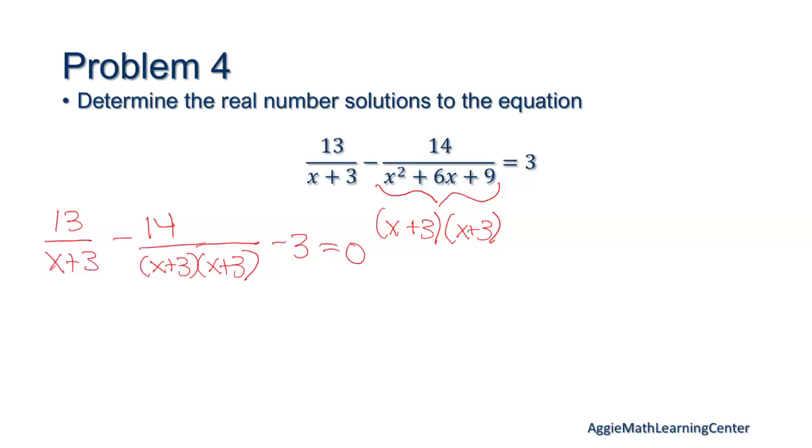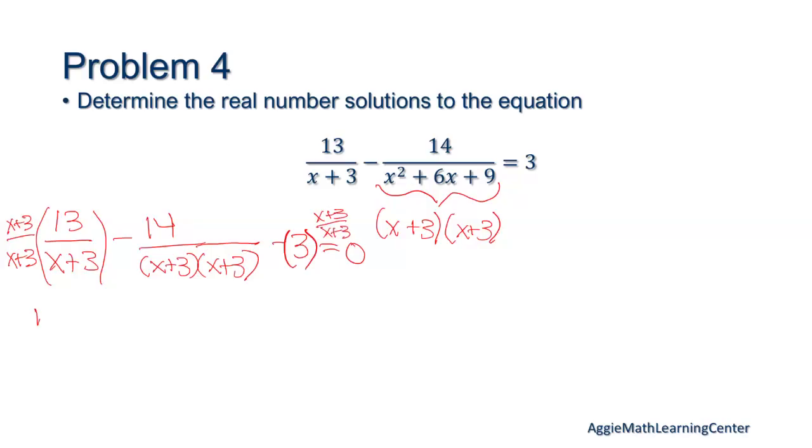So x plus 3 on the 13 over x plus 3. Yep, and it's going to be x plus 3 over x plus 3, right? So we're not changing the value. Perfect. And then we can leave 14 because it has everything, and then we would just multiply negative 3 by x plus 3. Yep, this one is going to be by x plus 3, x plus 3.